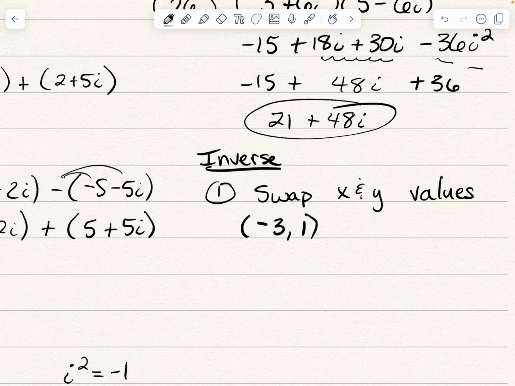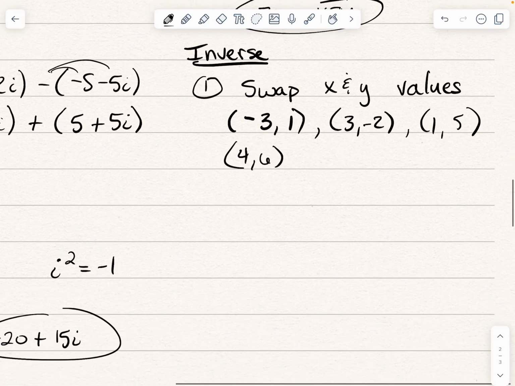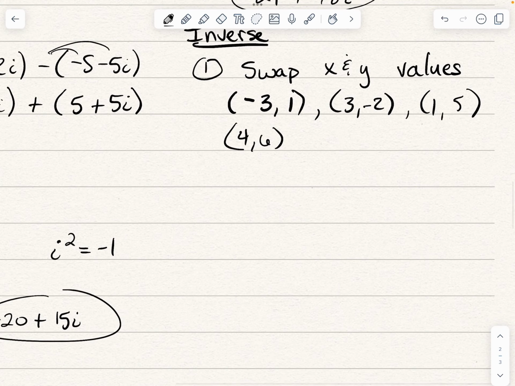So 1, negative 3 becomes negative 3, 1. Okay, the next one, 3, negative 2. 1, 5. And then 4, 6. So we would do number 1 and 2 the same exact way for the inverse. Let's look at 2 more. I'm going to do 6 and 7.